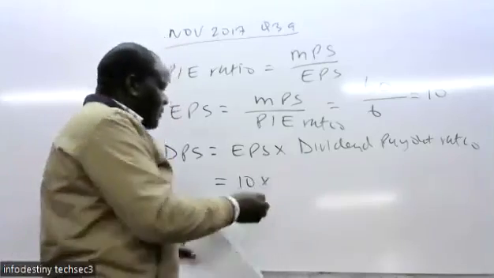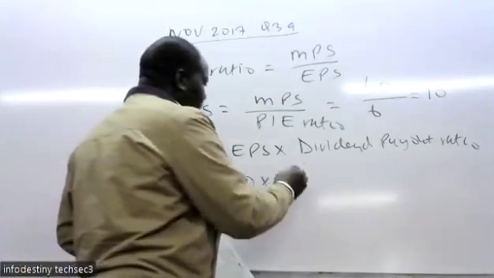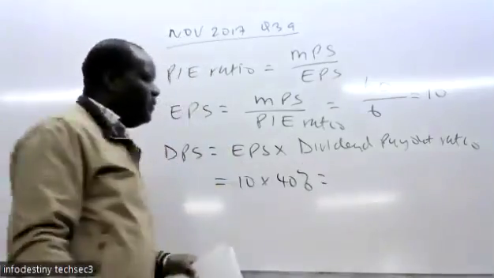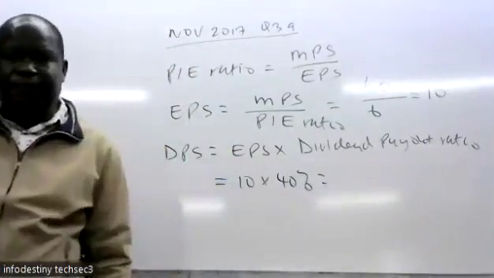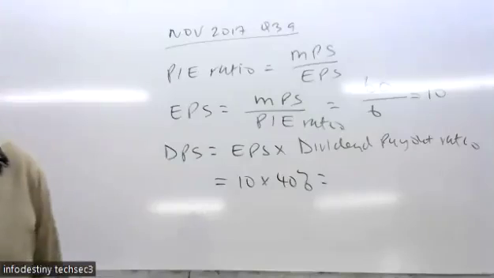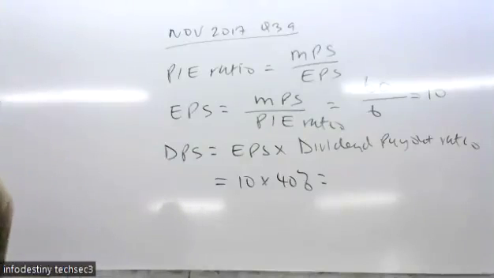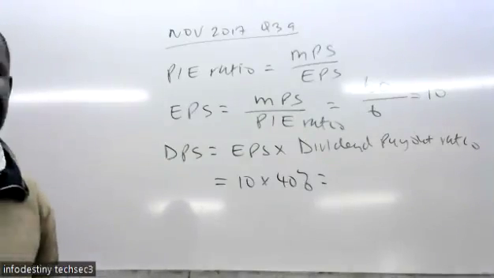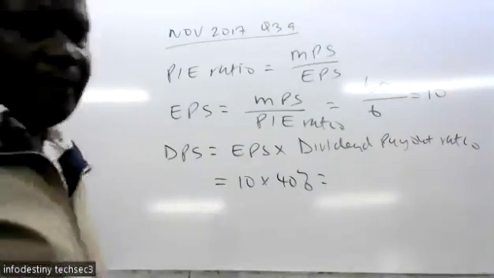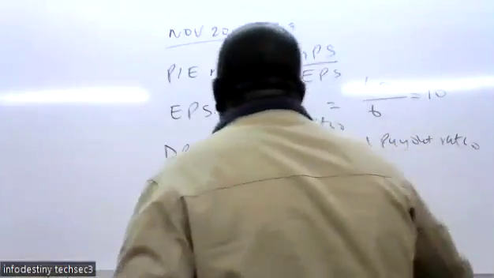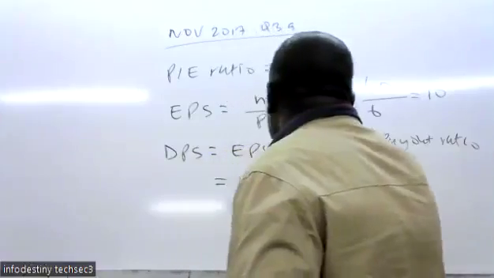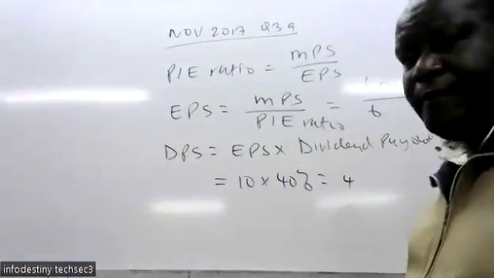So when you multiply this by 40%, it should give you 4. So is it now clear?